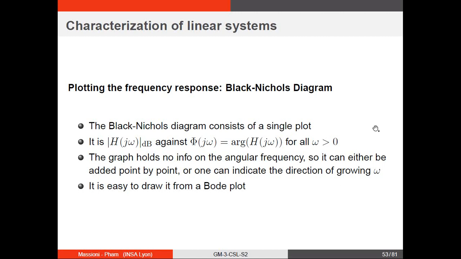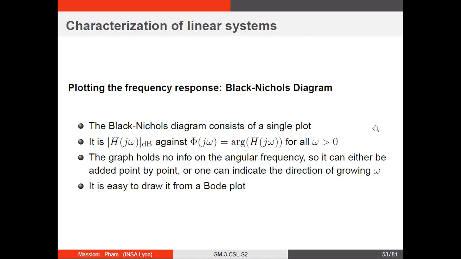So you have a more practical diagram, because there is only one figure, but you lose any info on the angular frequency. That's why it is nice most of the time to at least identify the direction of growing angular frequency, which is the direction of the line, in which direction it goes from 0 to plus infinity.